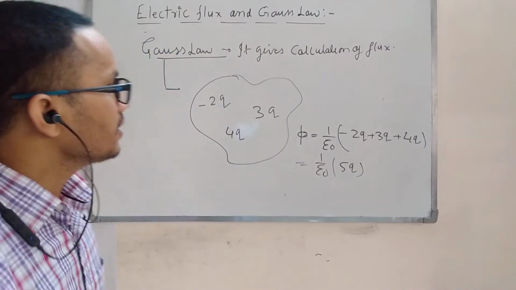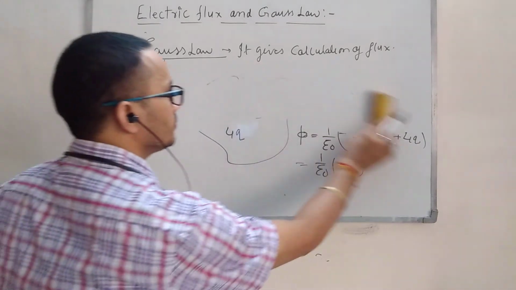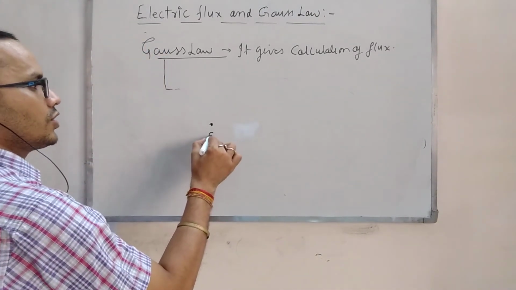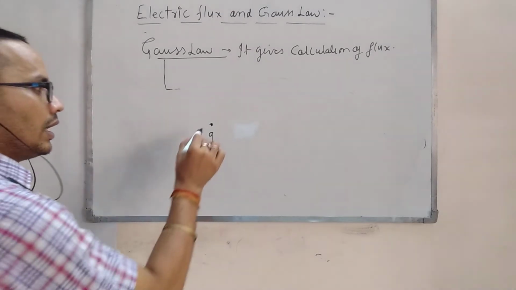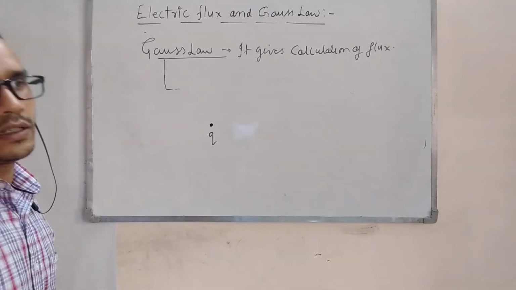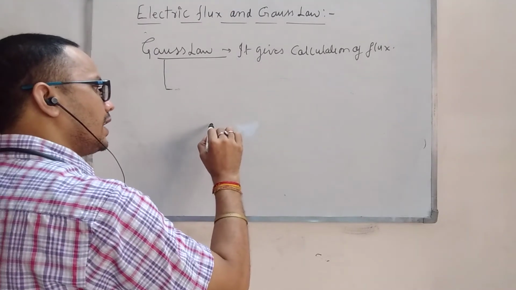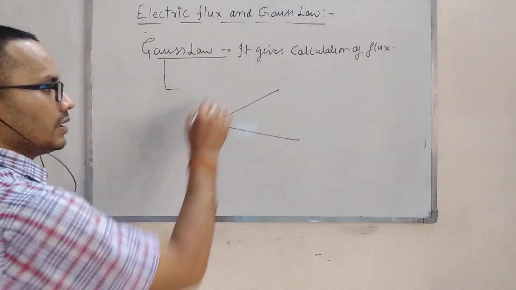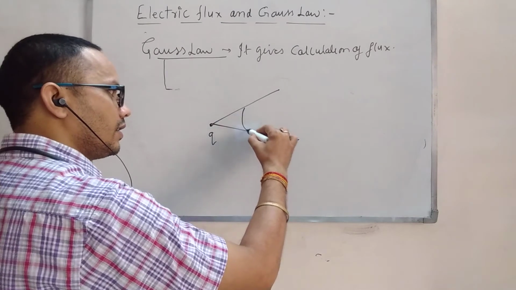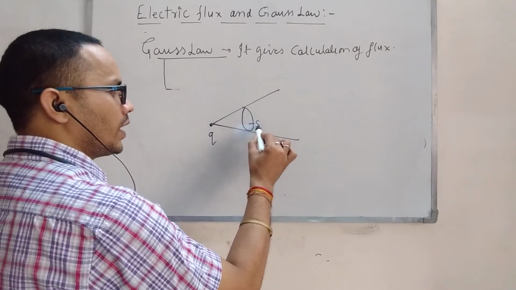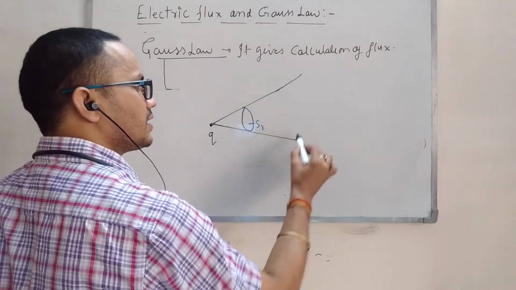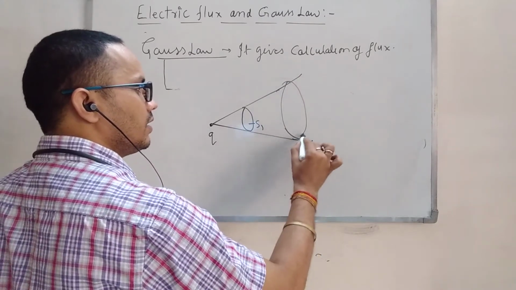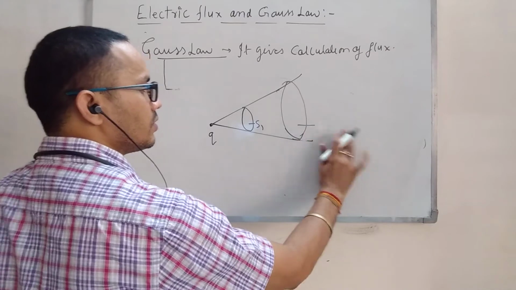Okay, if I ask, let's suppose this is the charge q, and as you know, this charge release all electric lines of forces in all possible direction. Yes, and I consider here a surface named as S1, and there is another surface with larger surface area, that is S2.